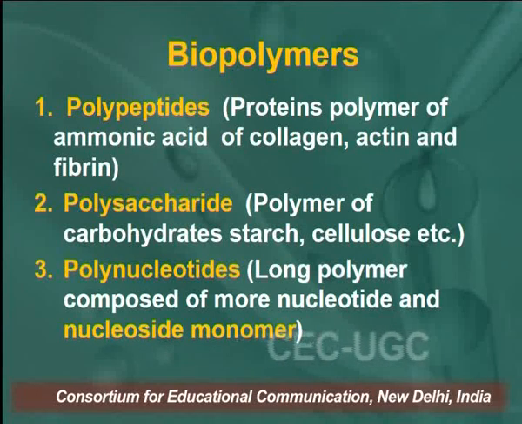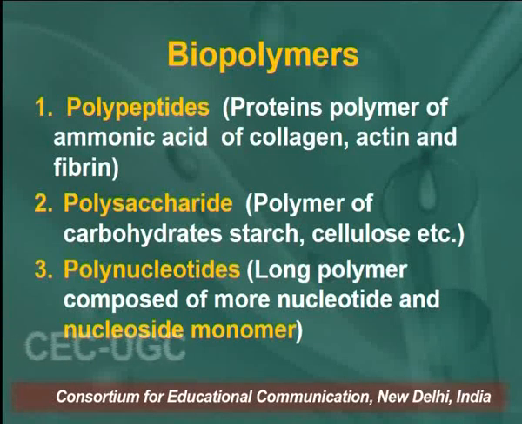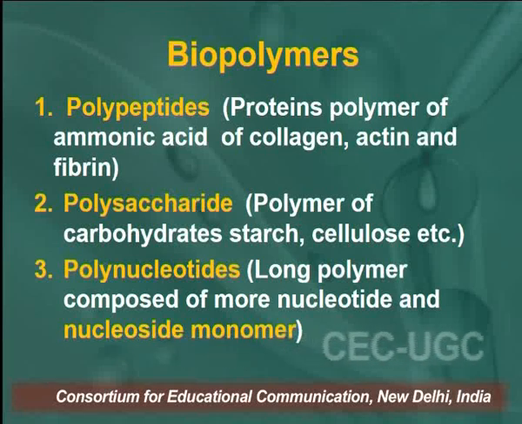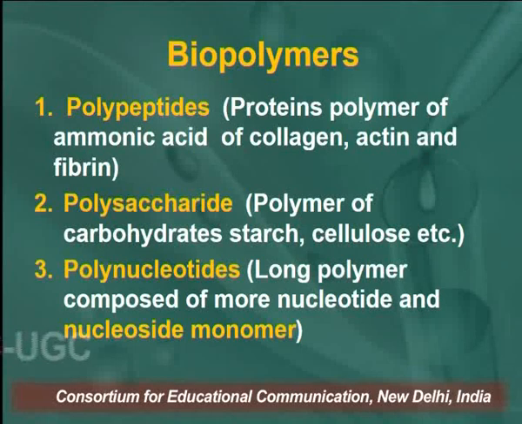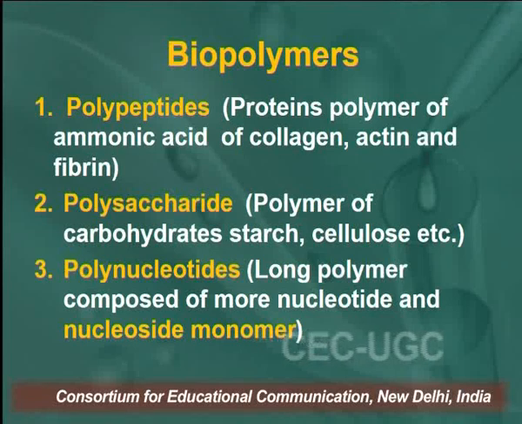These are polymers of carbohydrates like starch, sugar, cellulose. Another very important biopolymer produced by our biological system is polynucleotides. Learners, these polynucleotides are long polymers composed of one or more nucleotide and nucleoside monomers.